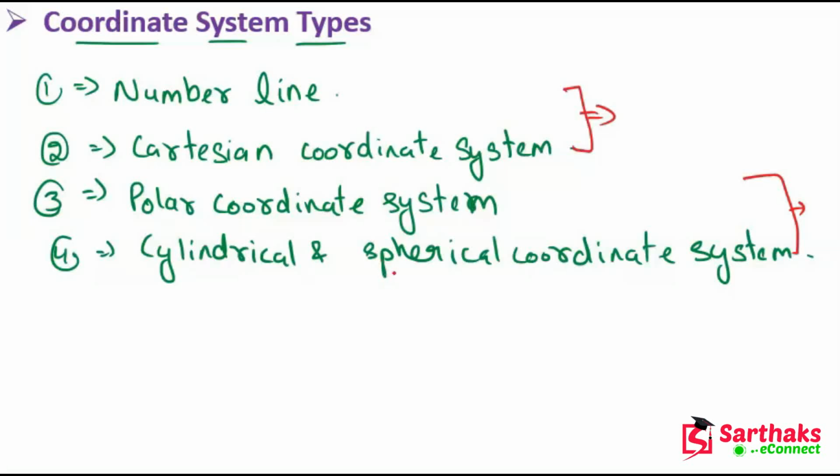These two, the number line and the Cartesian coordinate system, we learned in the previous sections, and we will see more details of the Cartesian coordinate system in the next lectures.